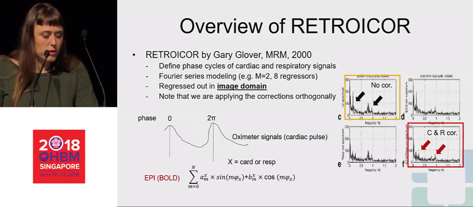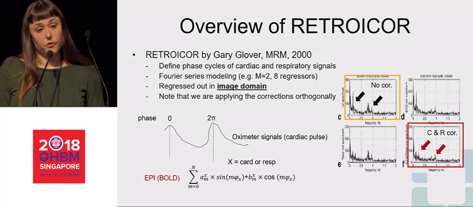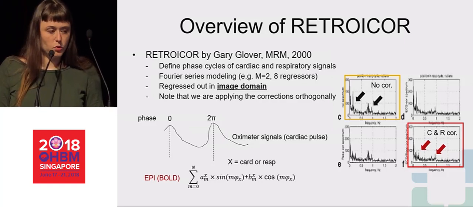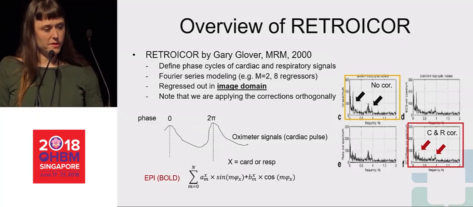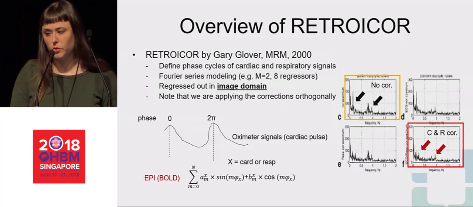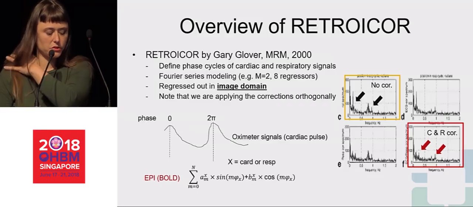RETROICOR is one really common method of regressing measured physiologic signals out of BOLD data. RETROICOR works by defining the phase of the physiologic signals and then models the BOLD fluctuation that's coherent within the cycled physiologic signal.